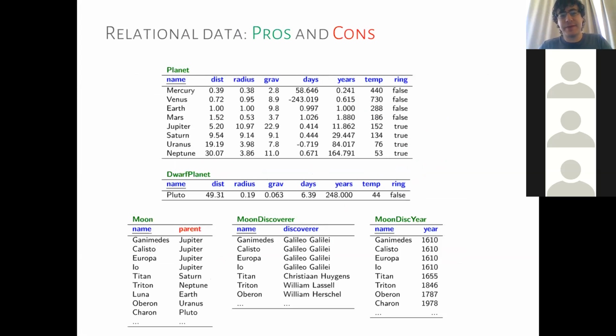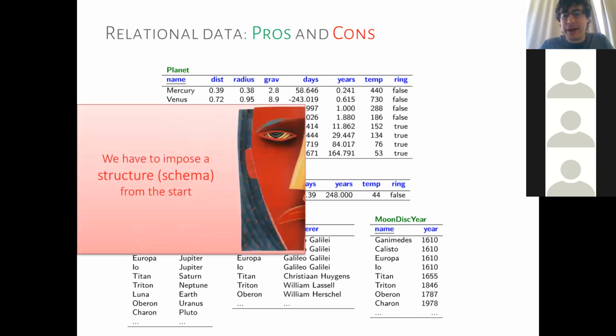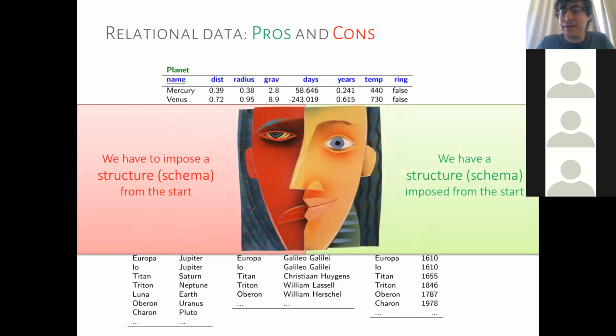Okay, so in terms of the relational data, what are the pros and the cons, the good parts and the bad parts of using the relational model? The bad news is that we have to impose a schema, a structure, from the start. And the good news is that we have a structure or schema imposed from the start. So why is it bad? It's bad because it's less flexible. Why is it good? Because it gives more structure to the data.